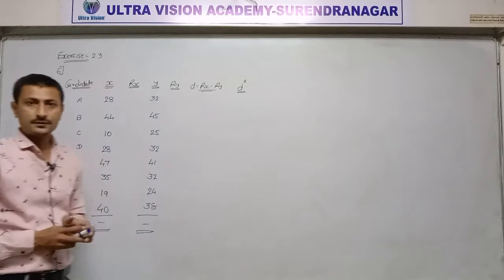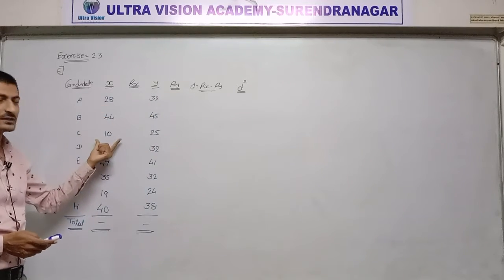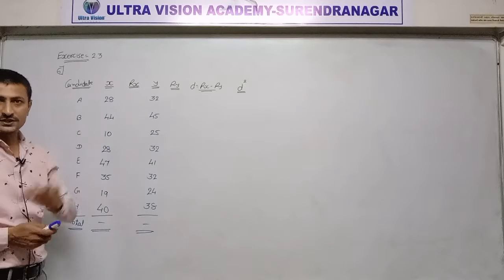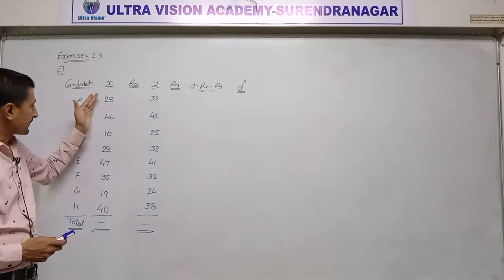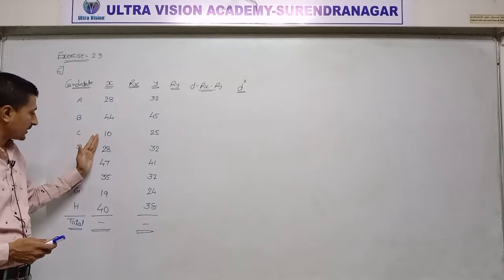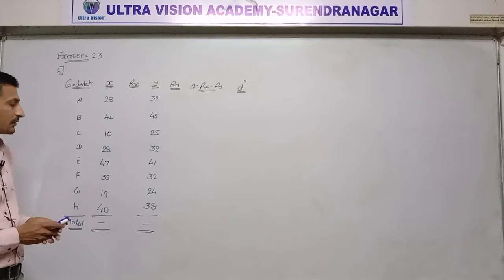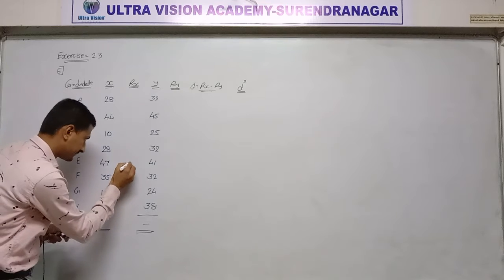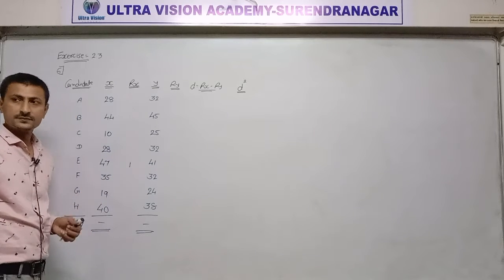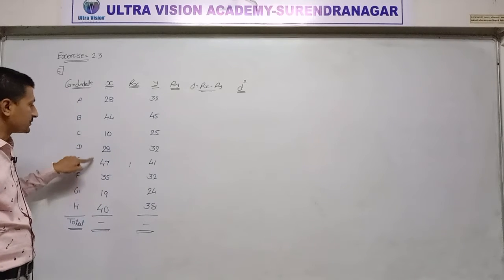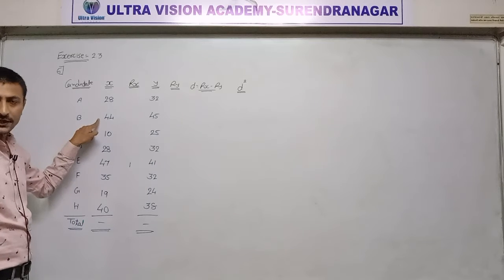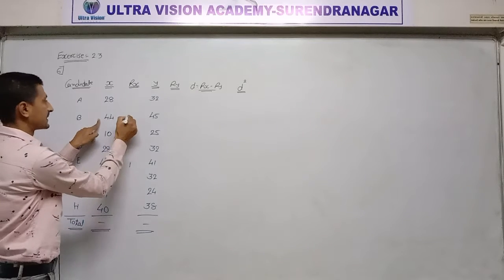So first of all, rank the two variables. For X, the first interviewer, check it. The highest value for variable X is 47; give it the first rank. Next in decreasing order, 44 gets the second rank.